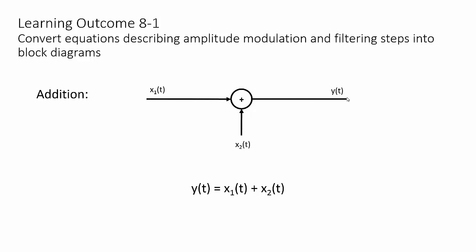Addition. Take two signals, x1 and x2, add them to create our signal y of t. In the frequency domain, it's very similar. How we arrange our elements depends on how important things are relative to each other.